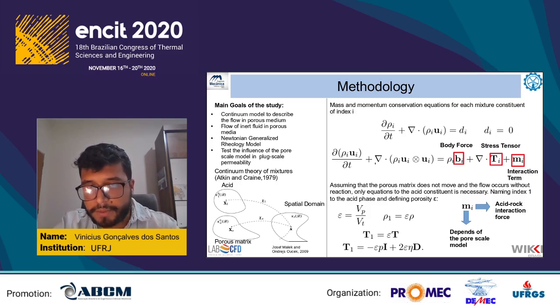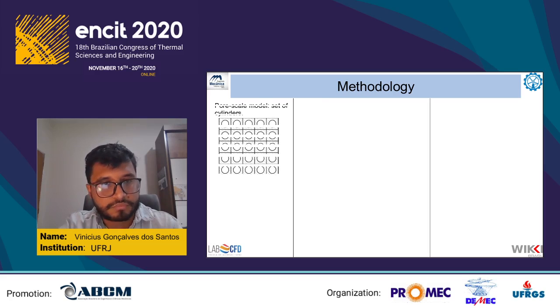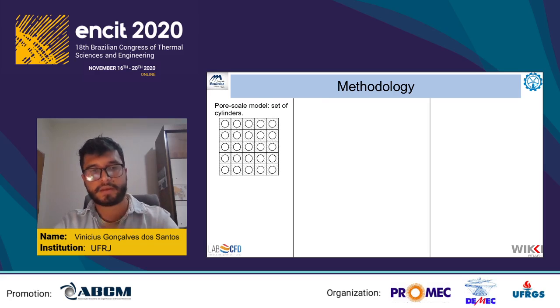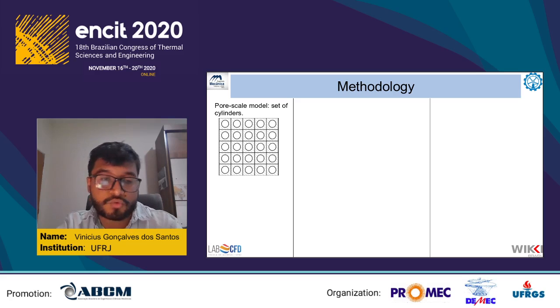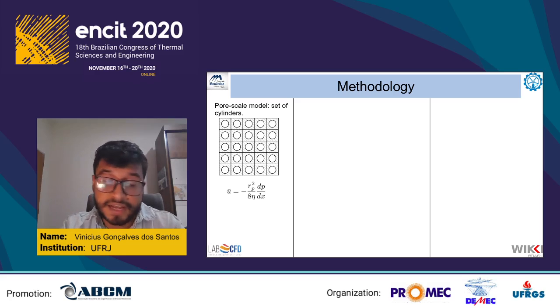There are two main approaches to model the interaction term. The first is to find analytical expressions. And the second is to treat this model with a numerical approach. The first, the analytical model, is to treat the pore matrix like a set of cylinders and solve the momentum equation inside the cylinders.